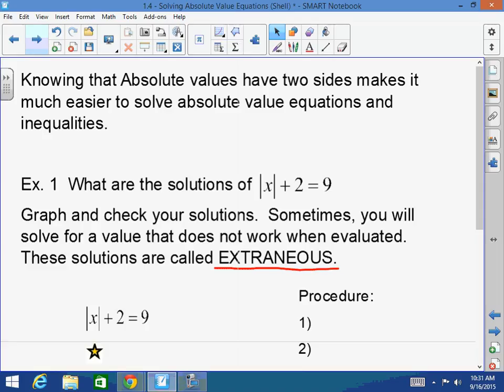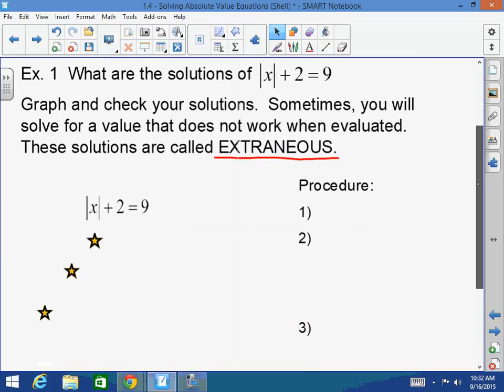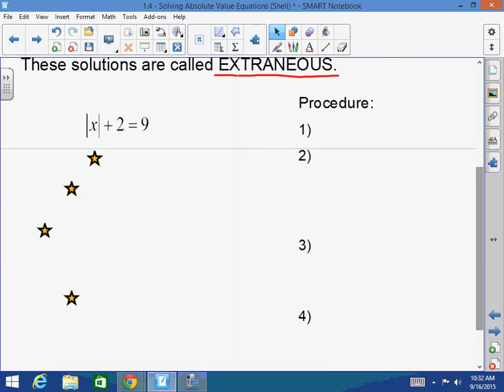Now, just like everything I teach, I'm going to teach things in order. There's going to be a procedure to this. I strongly suggest that you have this order in front of you when you are completing homework. Because that way there won't be any guessing or any questioning. You'll know exactly what to do. So step one.